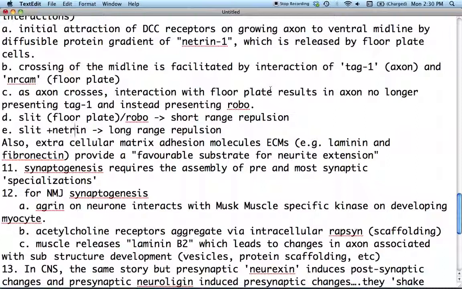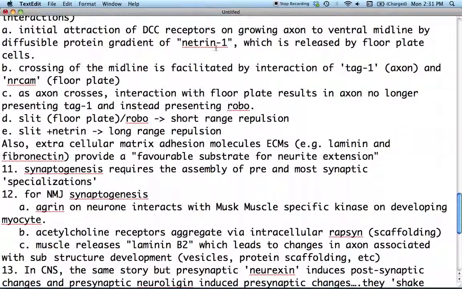Robo and Slit is short-range repulsion, and then netrin and Slit is long-range repulsion. DCC netrin-1, TAG1 NR-CAM, Robo and Slit, netrin.